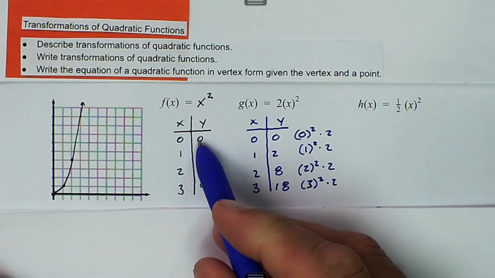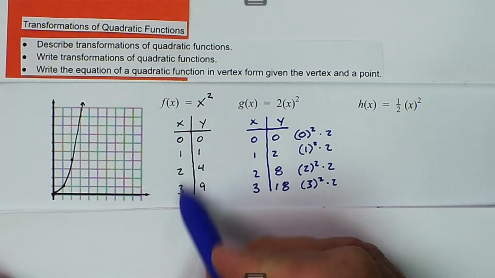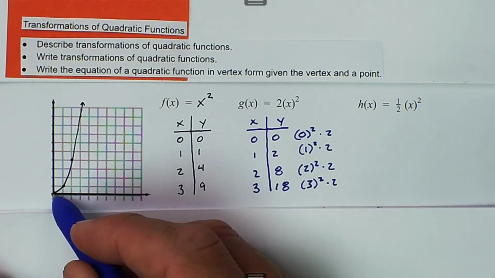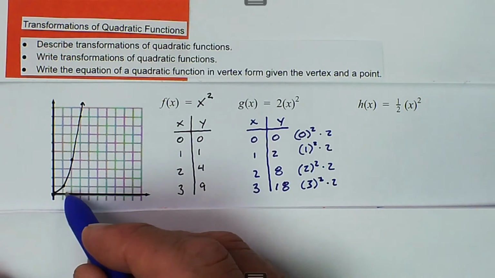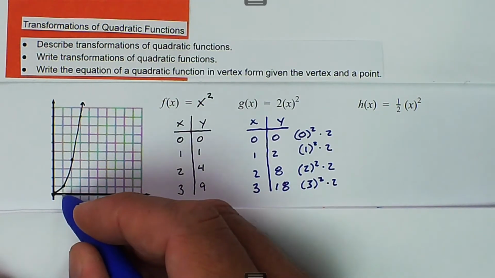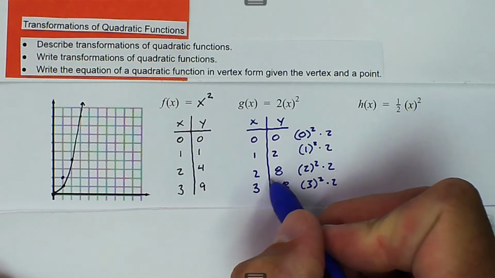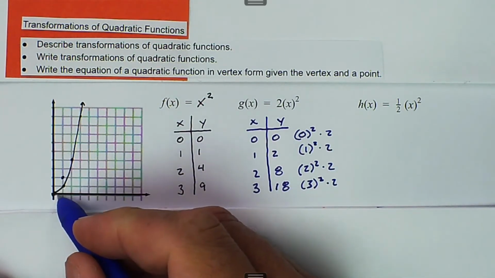So if we look, our x value stays the same, but our y value doubles. So 0, 0 is still there. Then we go over 1. Instead of going up 1 with the parent function, we go twice as high. So over 1, up 2. And if we go over 2, instead of going up 4, we go twice as high.